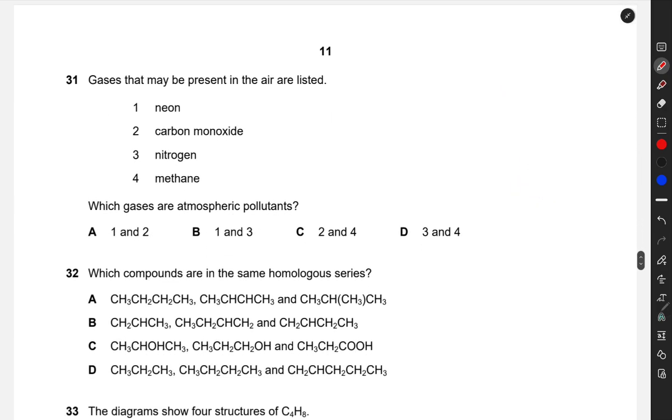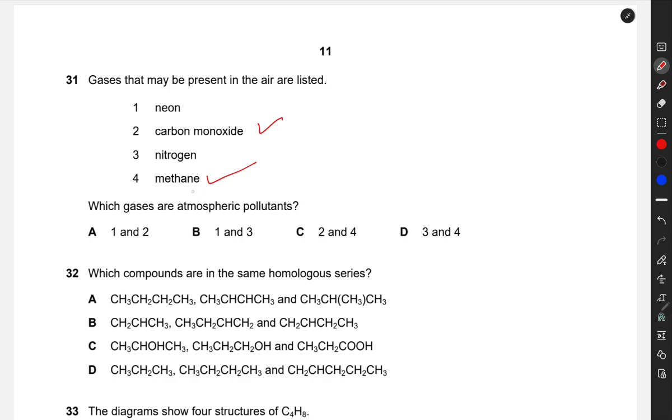Gases that may be present in the air are listed: neon, carbon monoxide, nitrogen and methane. Which gases are atmospheric pollutants? Carbon monoxide is an atmospheric pollutant and methane gas is also an atmospheric pollutant.